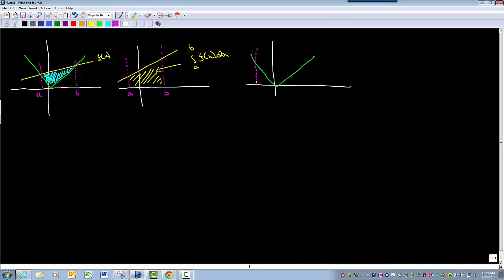Between A and B, I want to find the area underneath its curve and above the x-axis. And so these two added together, let's go like this, okay? These two together are given by the integral, let's call this g.